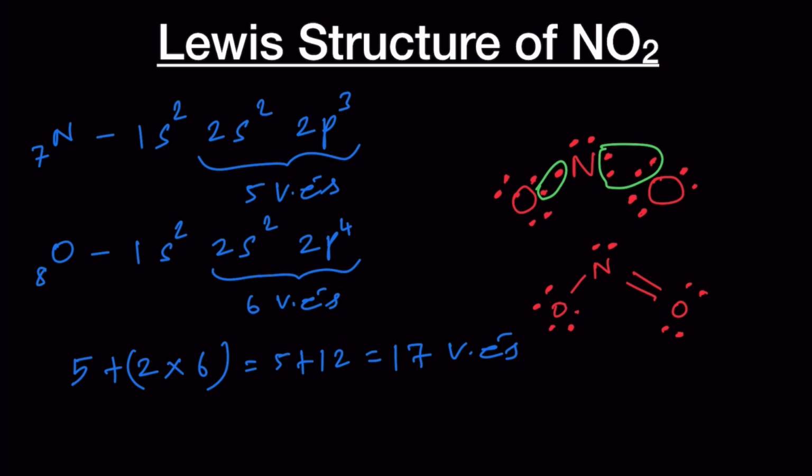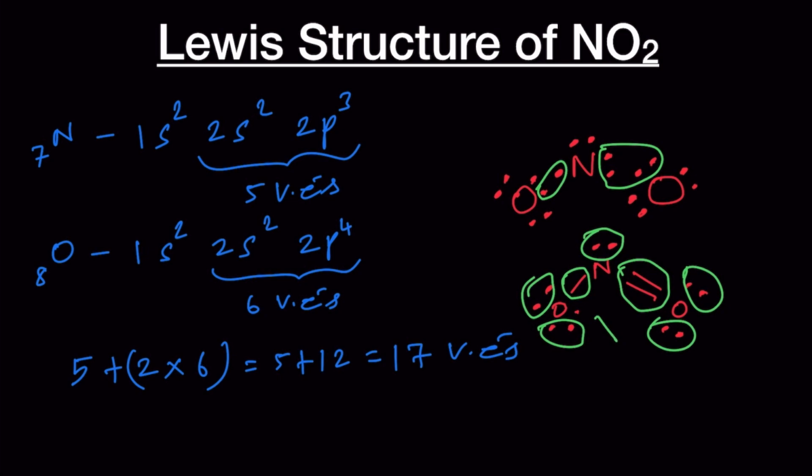Did we account for all the 17 valence electrons here? Let us check that. We have 3 bond pairs that accounts for 6 electrons and then how many lone pairs we have? 1, 2, 3, 4, 5 and then we have 1 electron here. So, 5.5 lone pairs, that means 11 electrons plus 6 electrons from the bond pair and therefore total is 17 valence electrons.